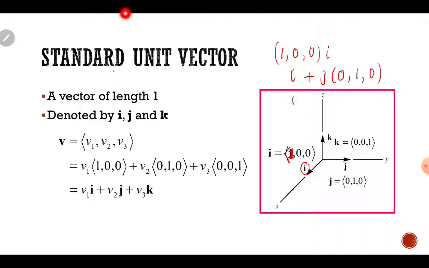So we have I plus J, plus K, whose vector is 0, 0, 1.